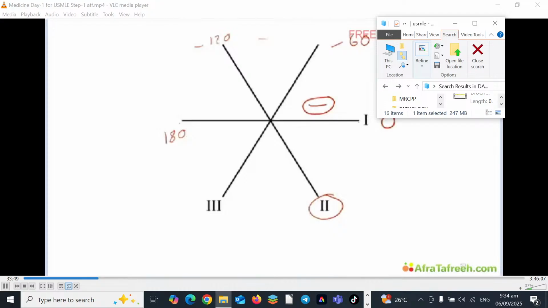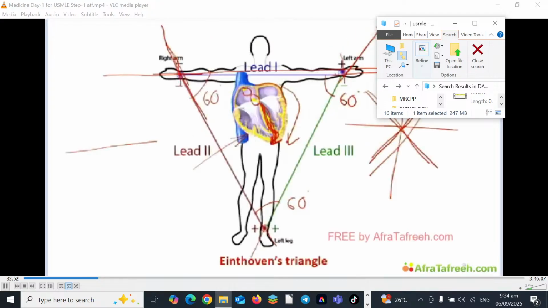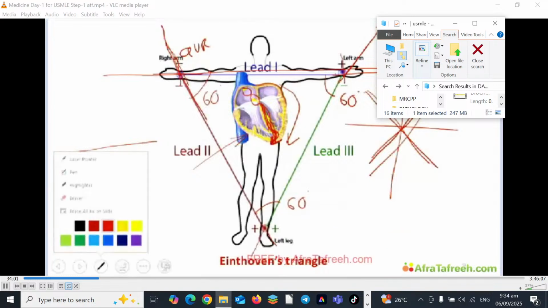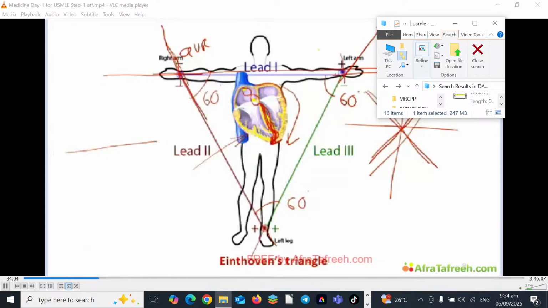If you don't develop an axis, you cannot identify only on the basis of a triangle, because the next leads that you have are AVR, AVL and AVF.